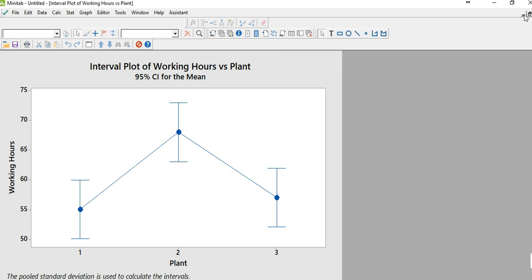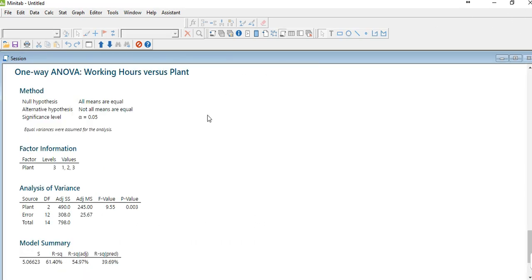However, let's look at some numerical answers in the one-way ANOVA output. The null hypothesis is all means are equal. The alternative hypothesis is not all of them are equal. The plant has 3 levels, 1, 2, 3.